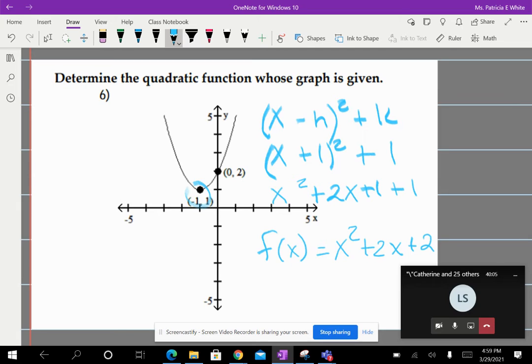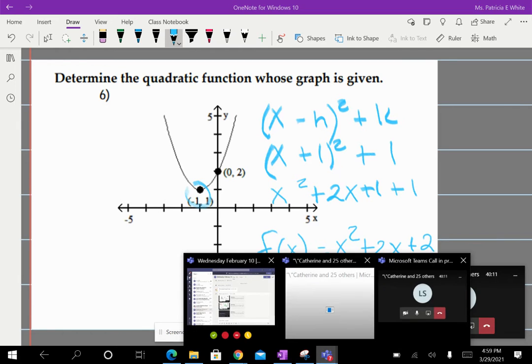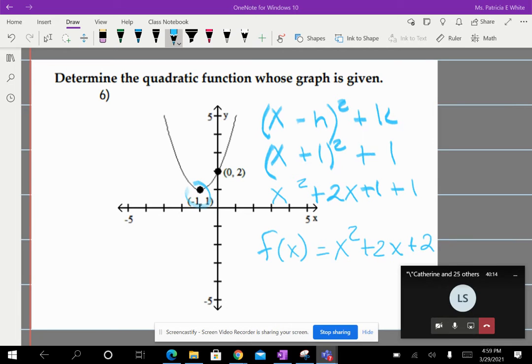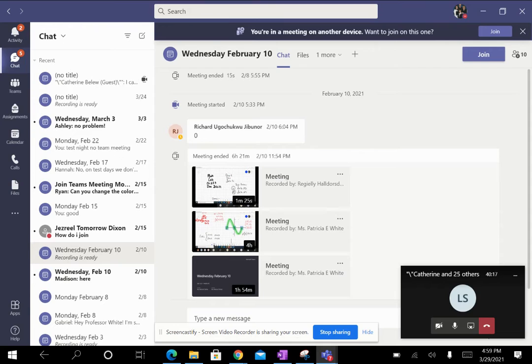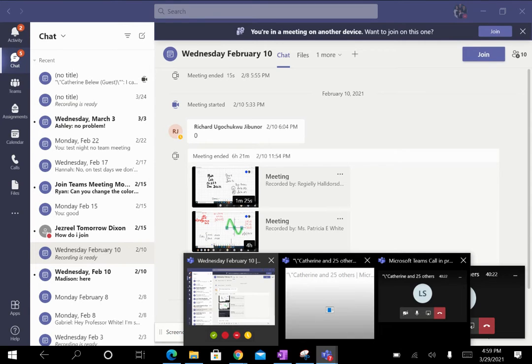All right, I am going to swap this over. I'm going to stop sharing on this one. If I lose you guys at home, I'll be logging back in. For some reason, this keeps blinking and it is not fun.